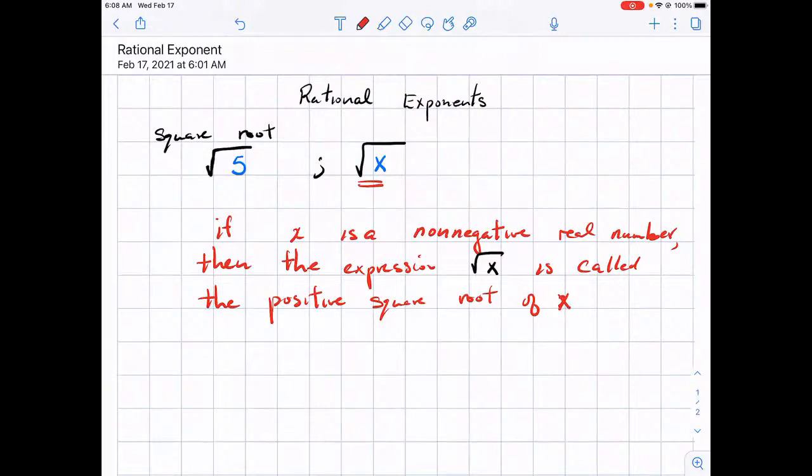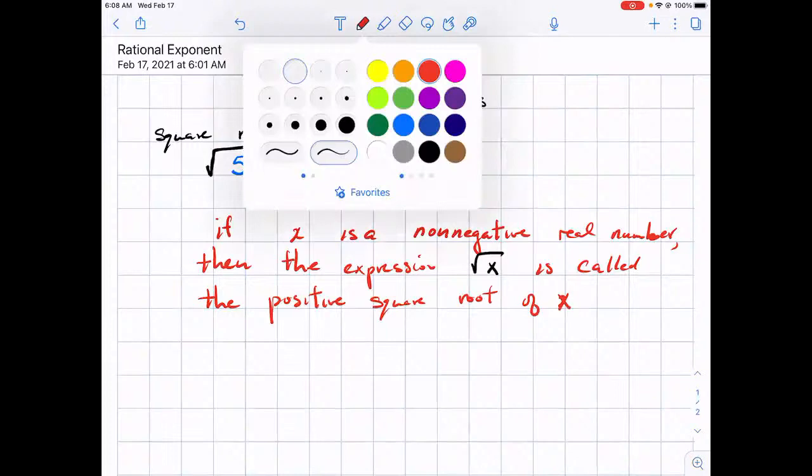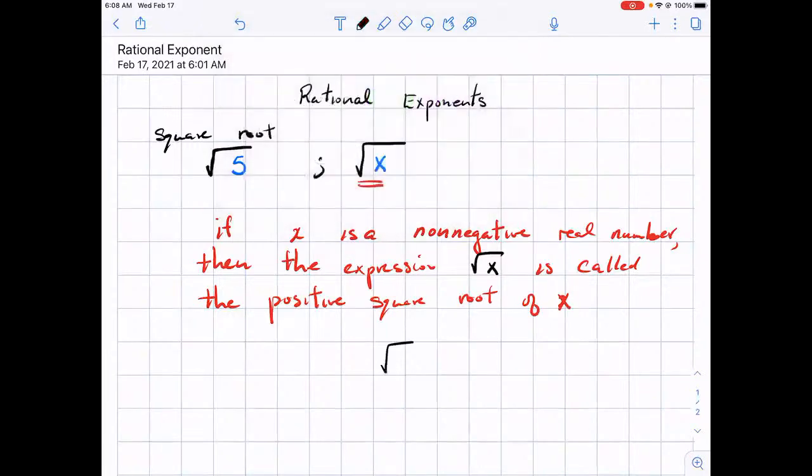This means that if we take the square root of x and we square it, then this is equal to x. In other words, the square root of x is the positive number we square to get x.